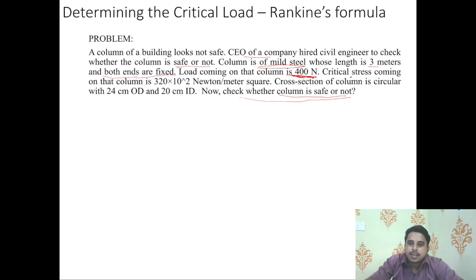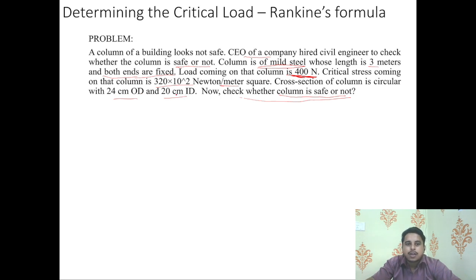It is asking. Critical stress on the column is 320 into 10 to the power 6 Newton per meter square. There is a unit mismatch, that is, it is in meter and it is given in centimeter, so we have to make this unit uniform. The cross section of the column is circular with 24 centimeter outer diameter and 20 centimeter inner diameter.